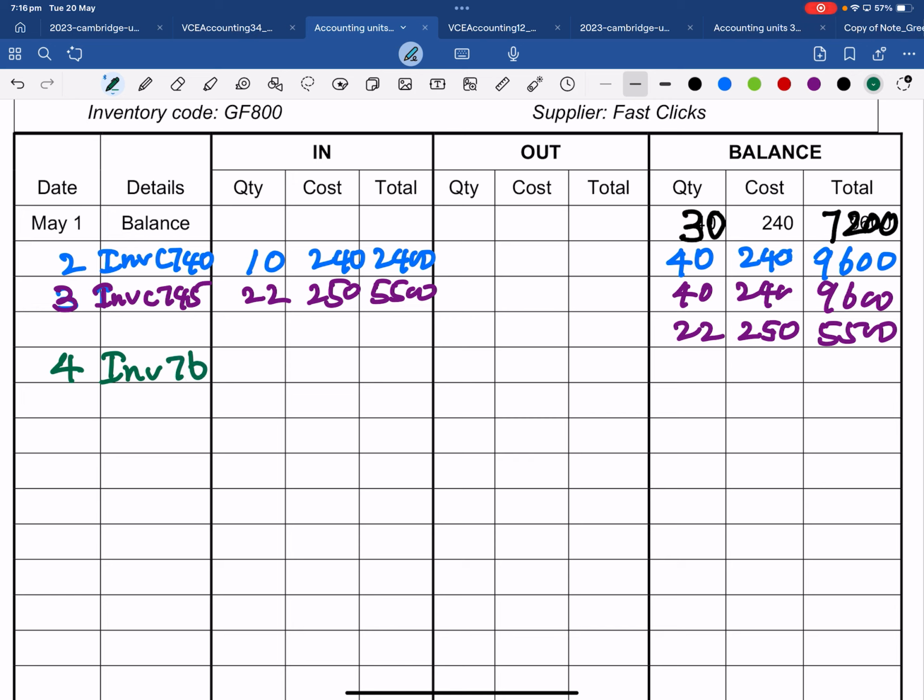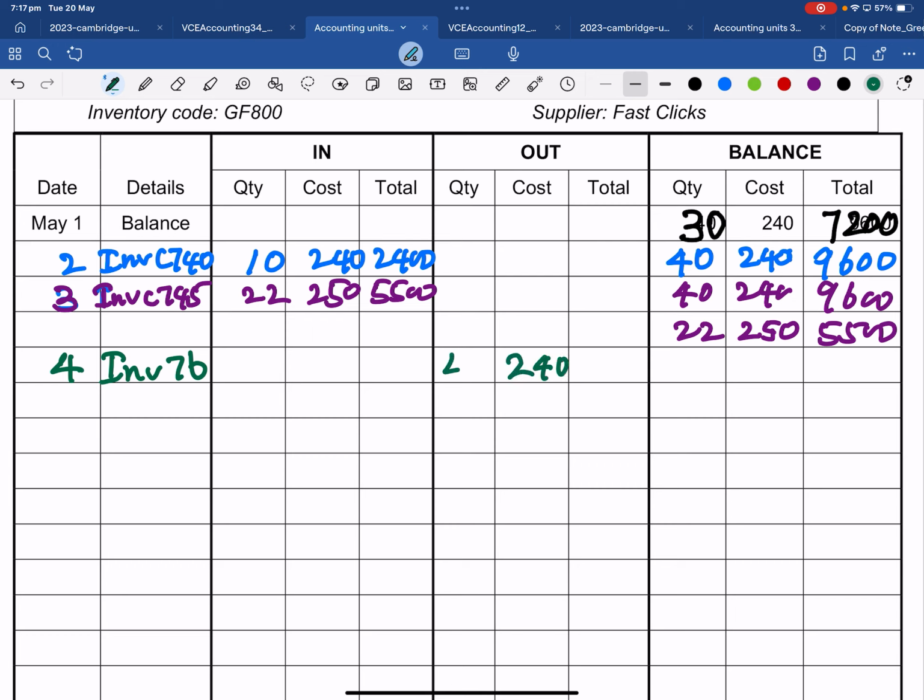In or out? Out. Meaning we will issue 240. But we can't issue 41 at 240, because one of them will be at the next price.